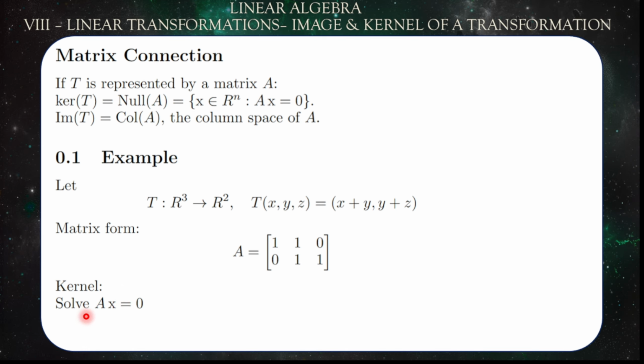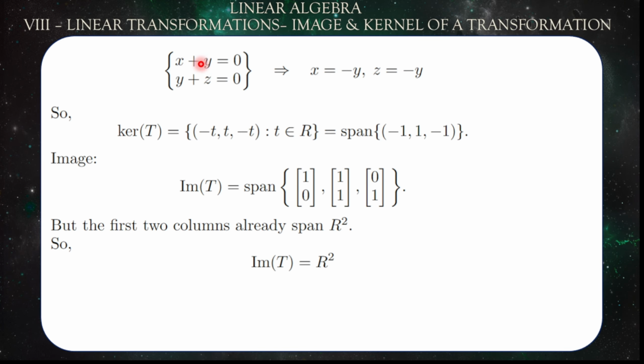The kernel, okay, you solve AX equals 0. So X plus Y equals 0, Y plus Z is equal to 0. You get X equal minus Y and Z equal minus Y. So we need to fix Y, or to parameterize Y. So ker of T, let us suppose Y equals T, because again, we have 3 variables but 2 equations, correct?